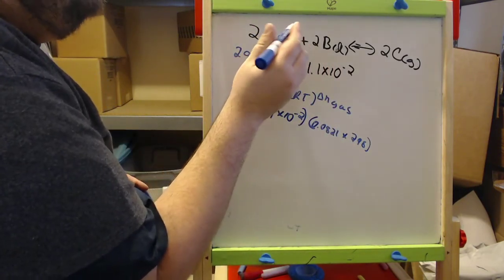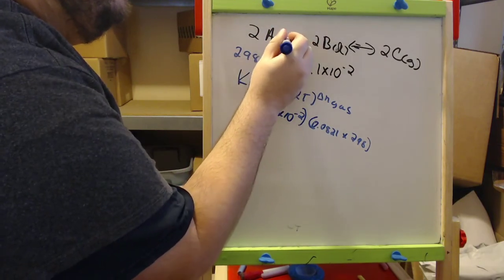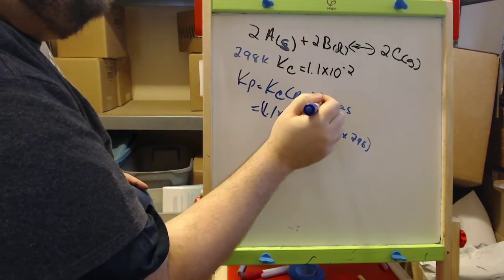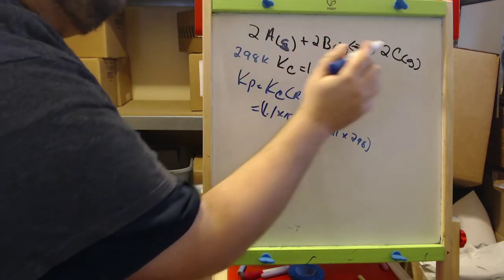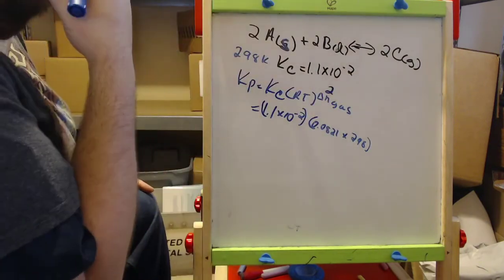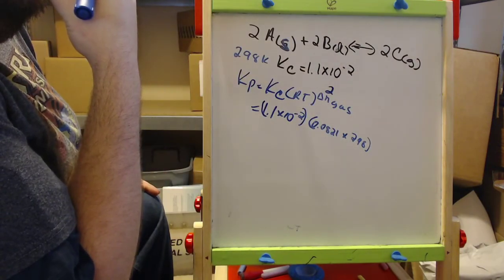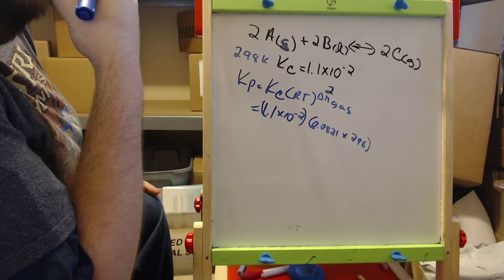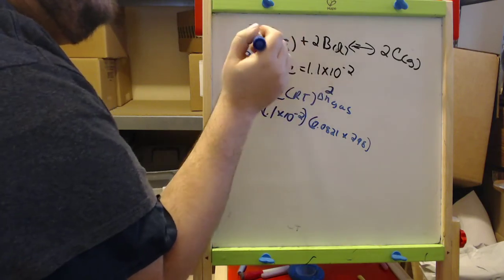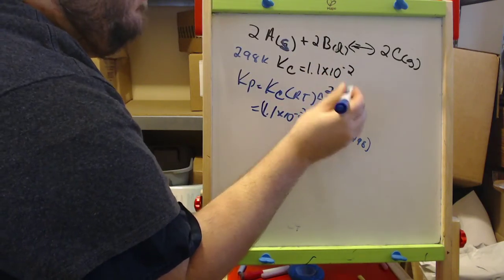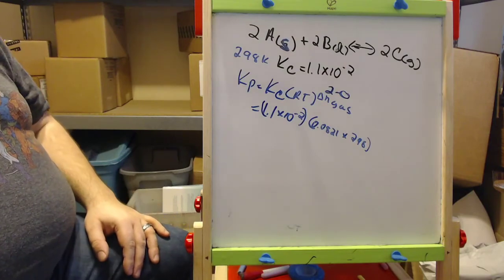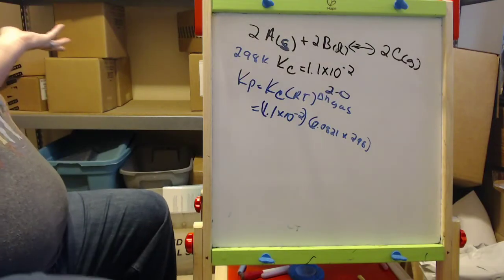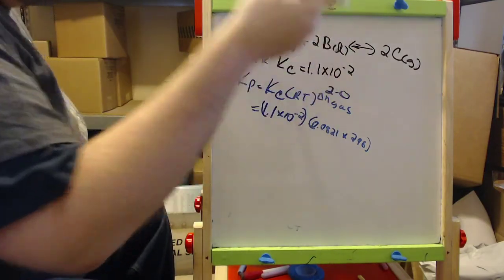And now we need our delta n. So this is an S. That's not a G, it's an S. Now, this is the delta n of gases. So on the right-hand side, I have 2. On the left-hand side, I have 2 moles of a liquid, 2 moles of a solid. I have no gases. If there's no gases on one side, it's minus 0.